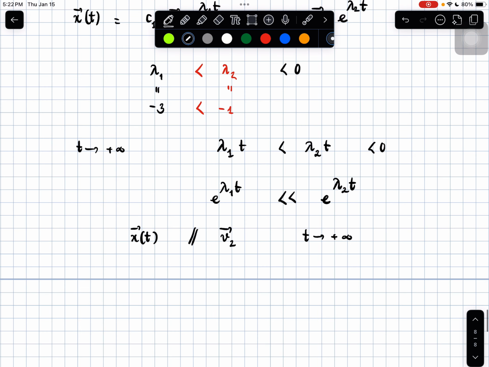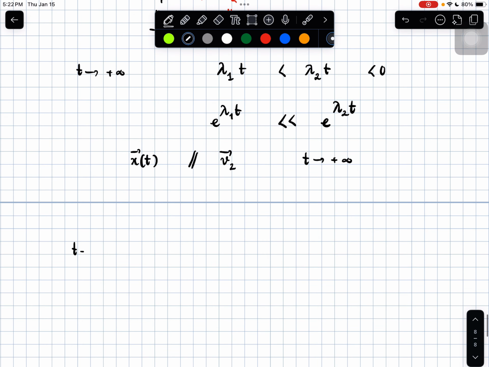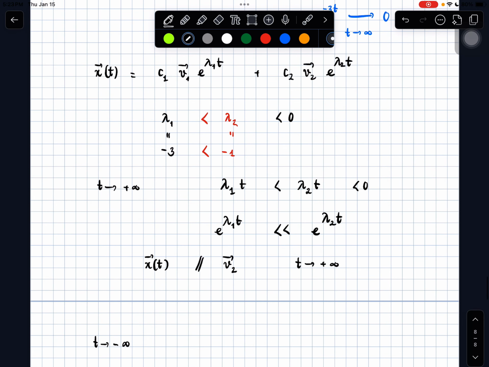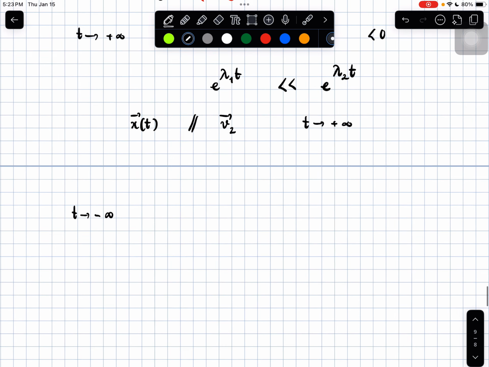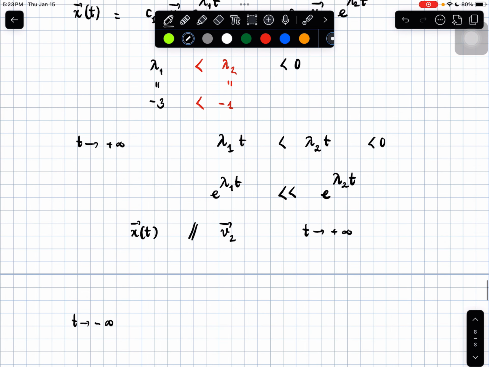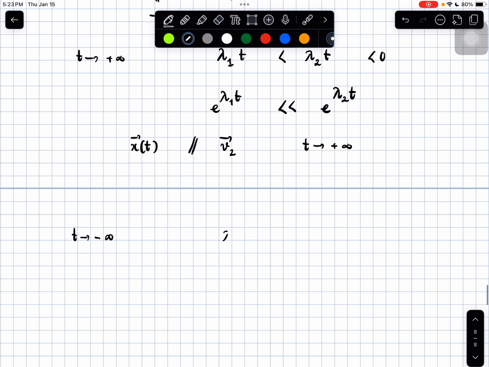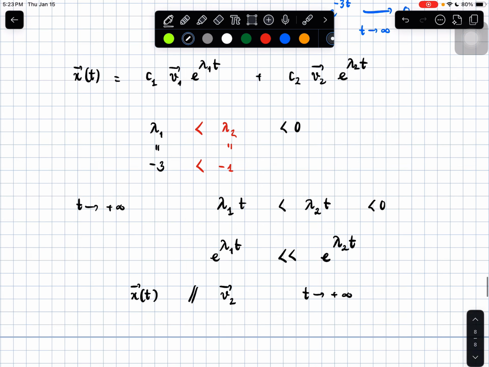Now let's look at the case where t tends to negative infinity. Lambda is negative and t is negative, so lambda 1 t is positive, and lambda 2 t is also positive.